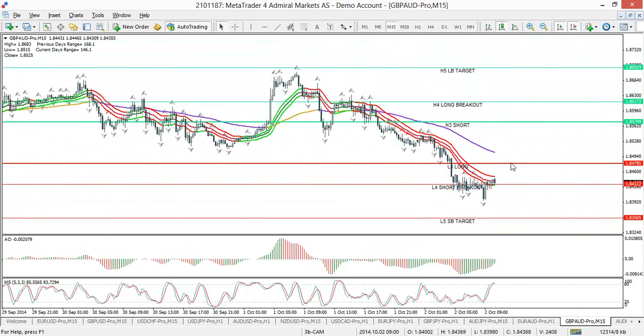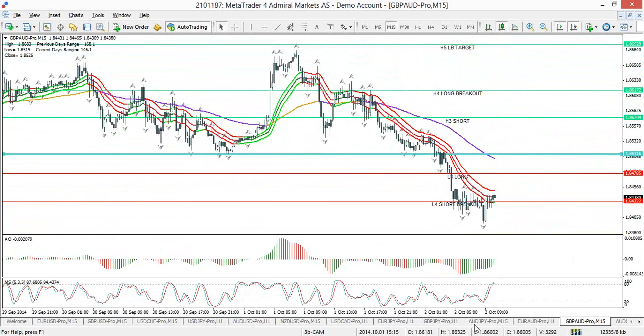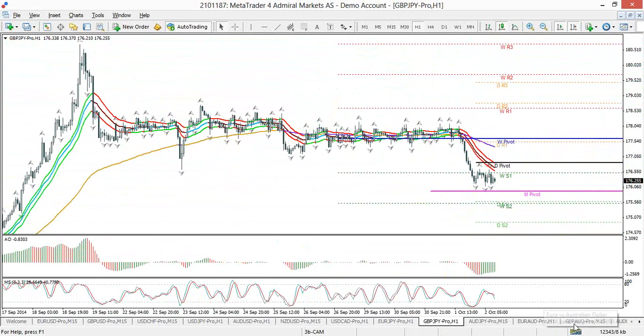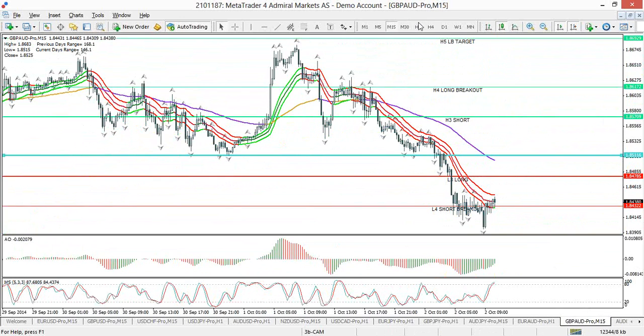So I would probably only be interested if it makes a bigger retrace at the moment. If it makes a retrace back to, for instance, this bottom here for more downside, that seems the only thing I would be waiting for. Regarding pivot points, let's take a look.